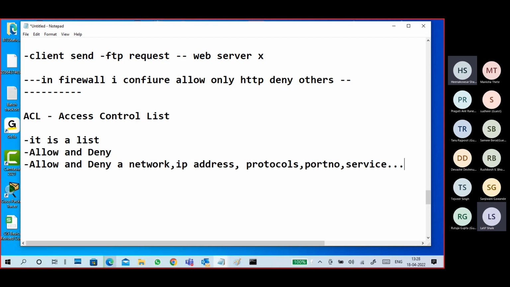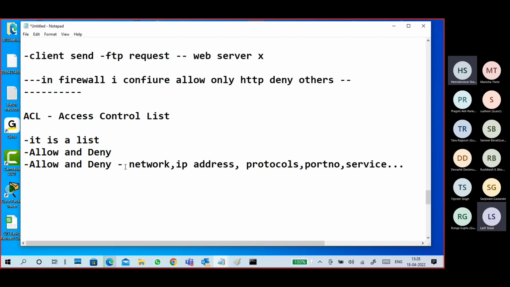Whenever you say protocol, it means services, since a service has a protocol, but I'm telling all the things. Okay, we can allow or deny a network.